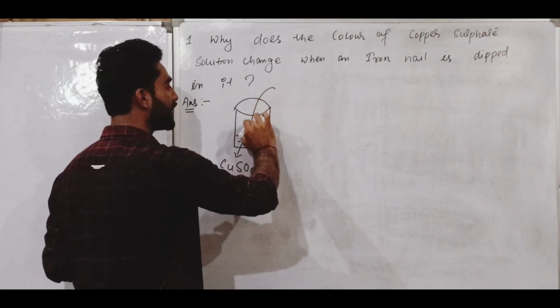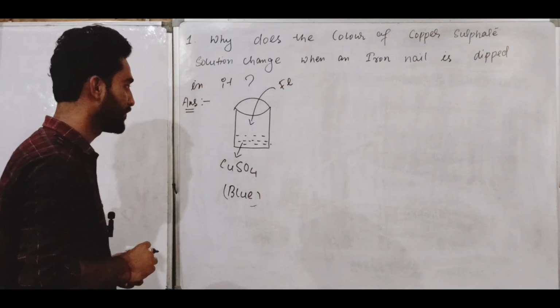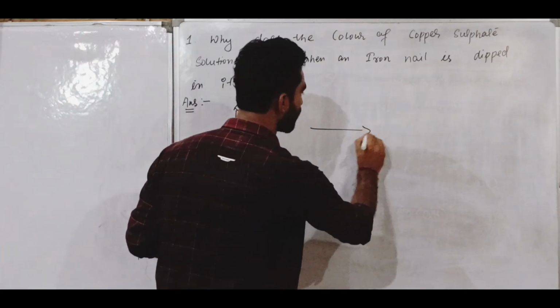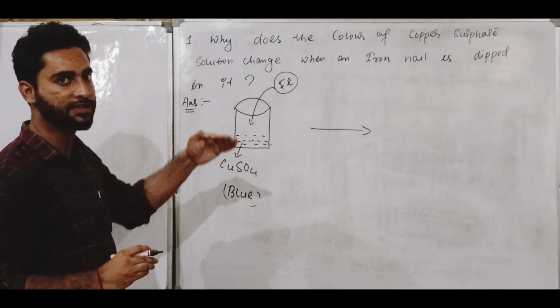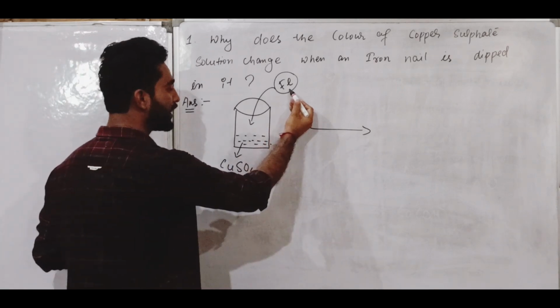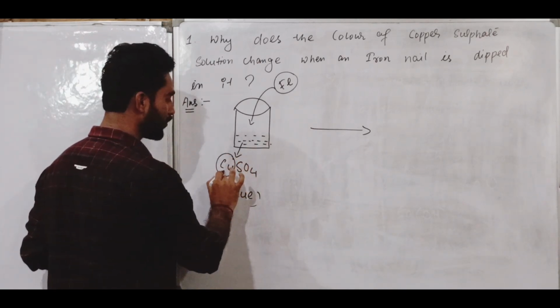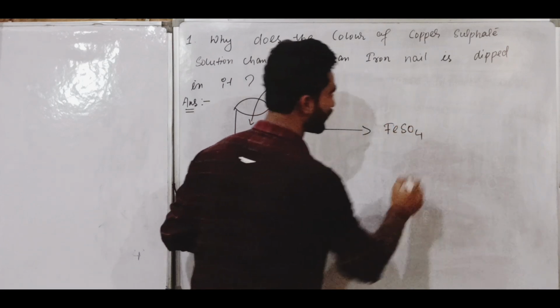Now, into this beaker, if we dip some iron nail or any iron object, then this iron is more reactive than the copper. In the reactivity series, iron is placed above the copper. So iron being more reactive will displace the copper and form the ferrous sulfate or the iron sulfate.